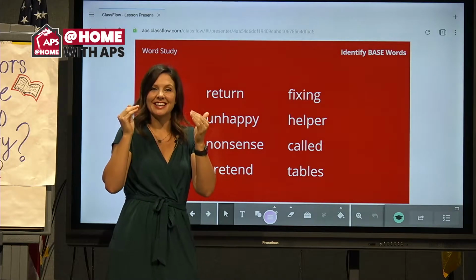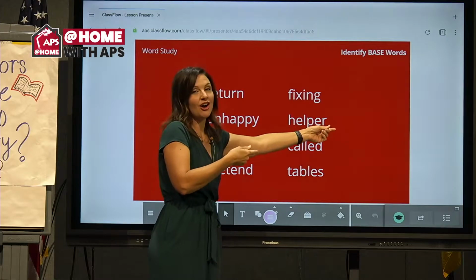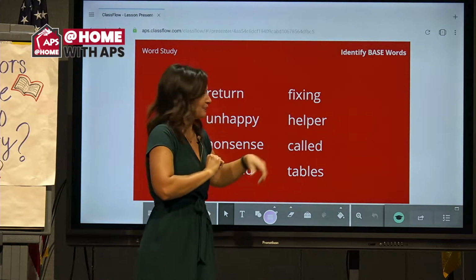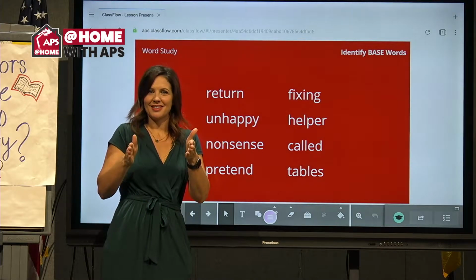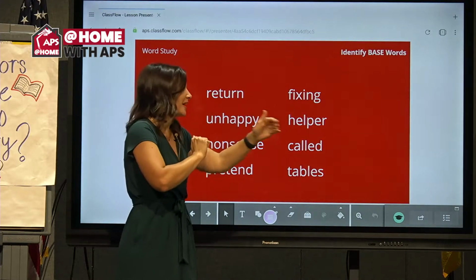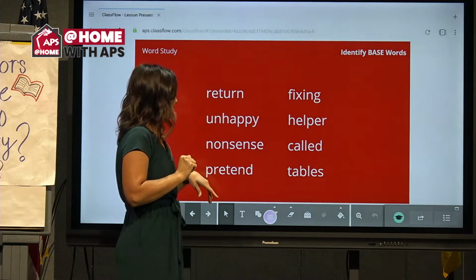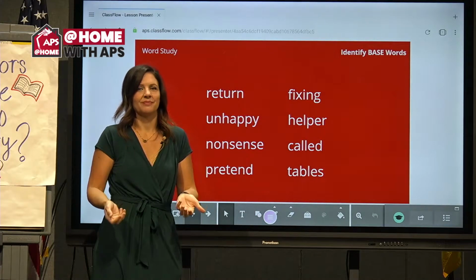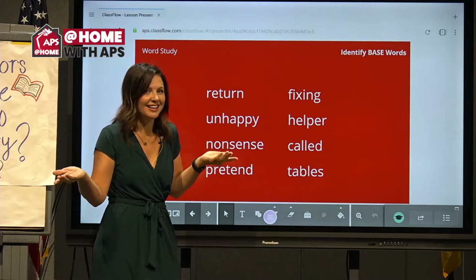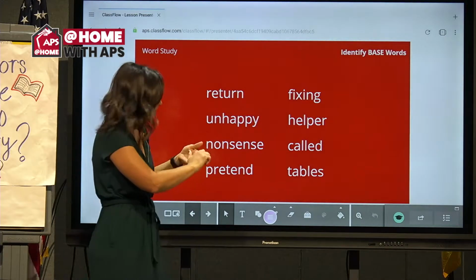The base word is help. And then ER has been added to the base word. Called. The base word is call. We added on the base word or the suffix ED. And lastly, tables. The base word is table. Then we added the suffix S.